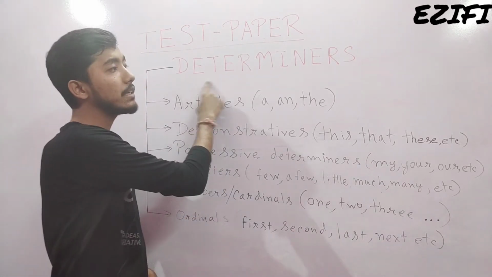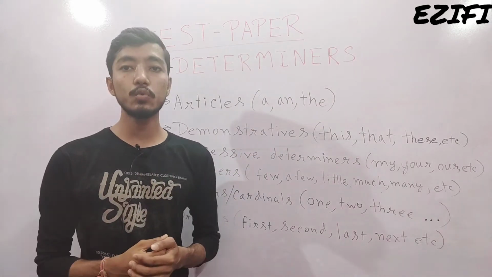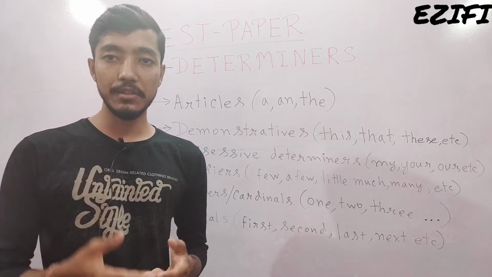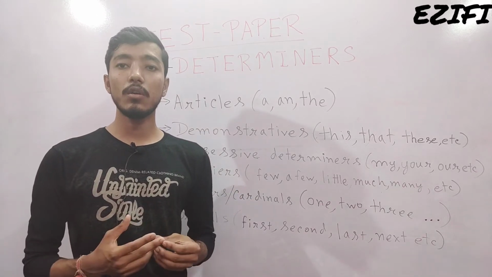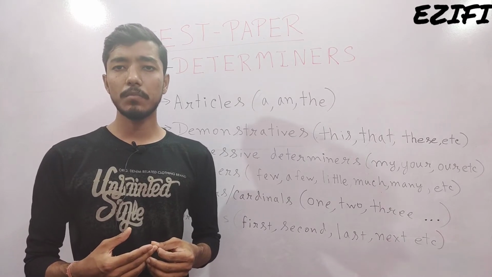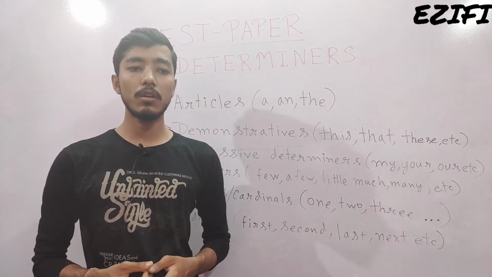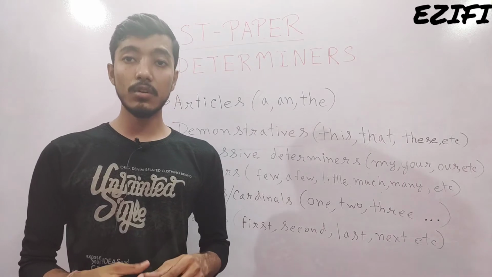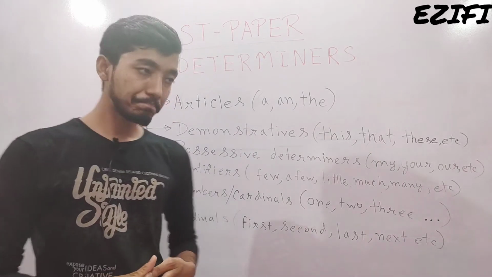Now, as the word itself suggests, determiners comes from the root word determine, that which determines the position of something, or we can say that which determines what a thing is, or that which specifies a thing, that is a determiner.